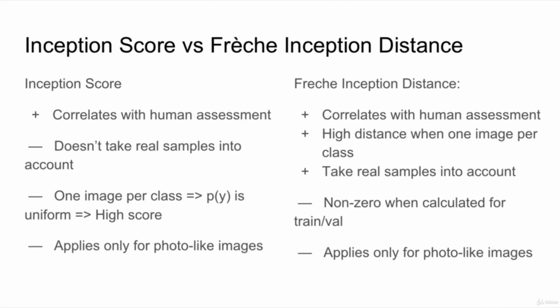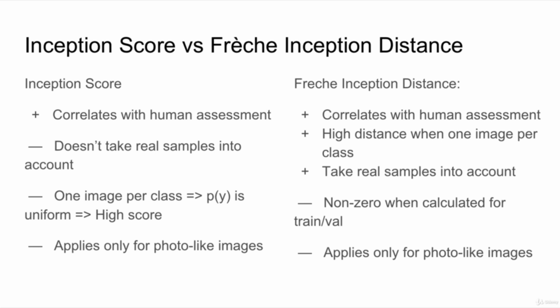Let us now compare the inception score with Fréchet inception distance. Both of them correlate with human assessment. However, inception score doesn't take real samples into account at all. If our generator samples only one image per class, then the inception score will fail and show high score.